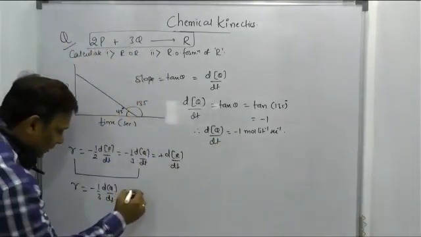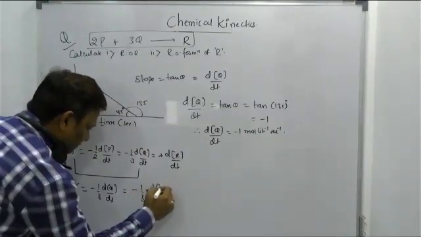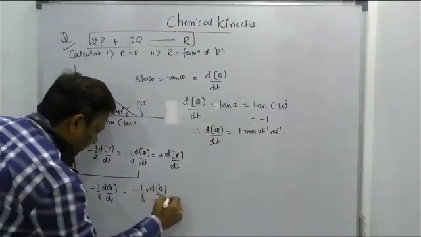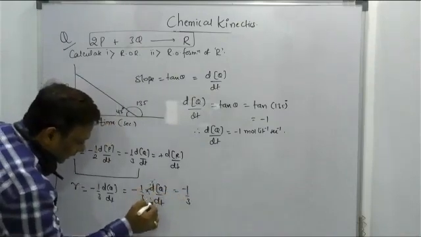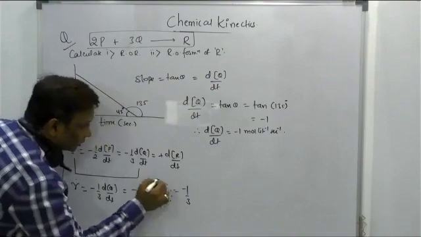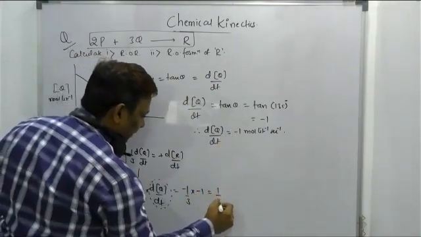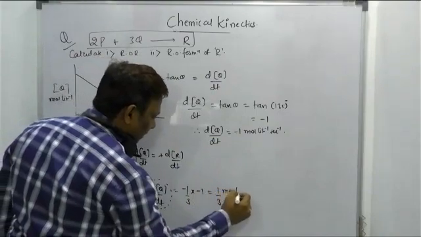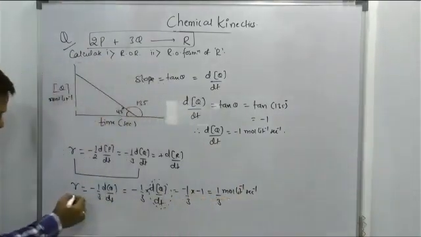Shall I write here, -1 by 3 into d concentration of Q by dt is equal to -1 by 3 times -1. So it becomes plus 1 by 3 mole per liter per second, which is the value of ROR. The first one I got.